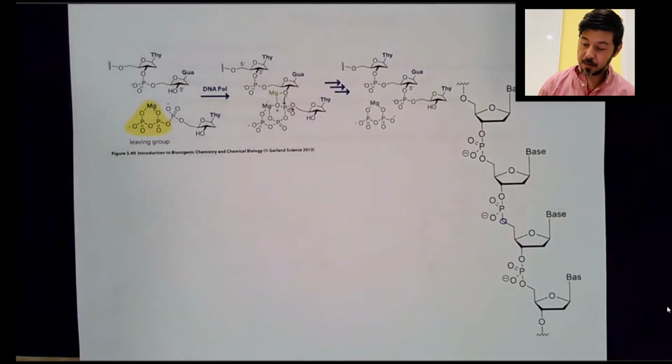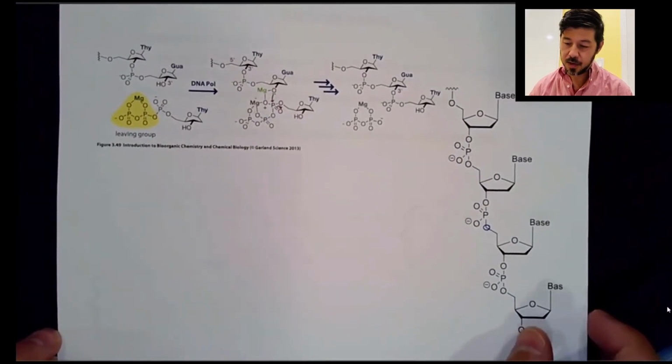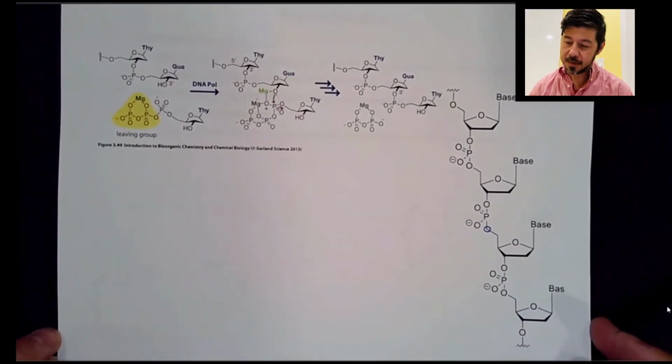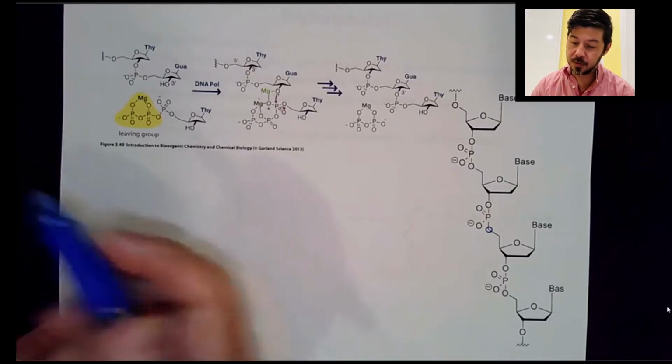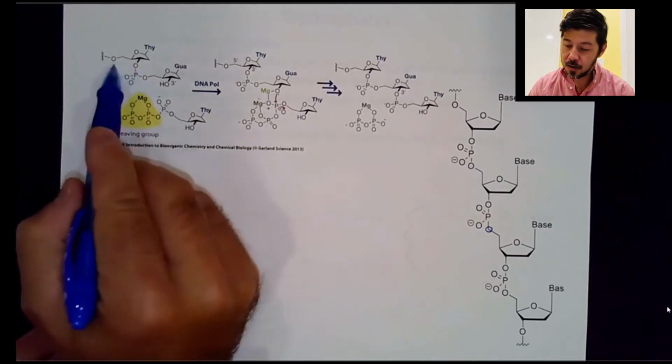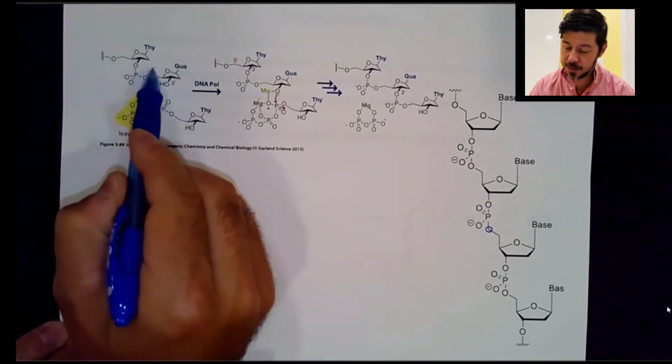If we look more closely, from a chemist's point of view, in terms of what is happening from a bond perspective, let's take a look at how polymerase works and how it reacts to make a new DNA strand. Okay, so what I have attached here on the upper left-hand corner are thymidine and guanidine deoxynucleotides.